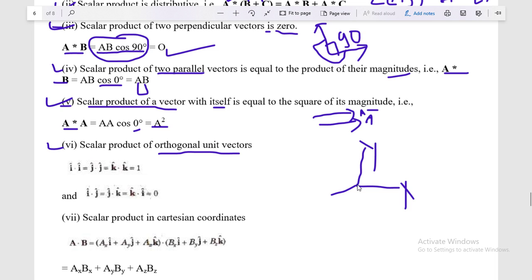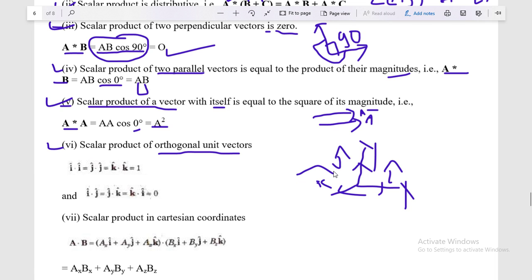The unit vector along x axis, the unit vector along y axis and the unit vector along z axis are given by i cap, j cap and k cap.